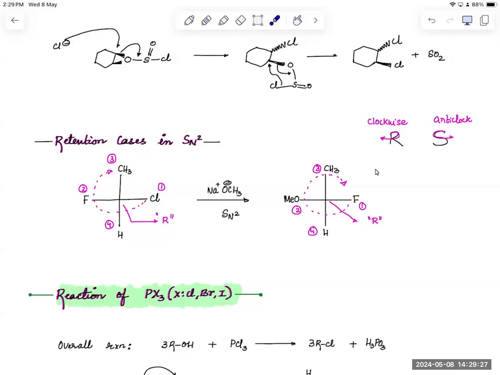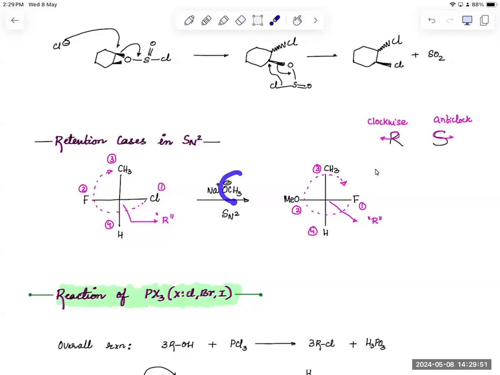But even after the backward attack, even after the reverse attack, it might happen that the configuration is not changed. For instance, if you have fluorine, chlorine, hydrogen, and CH3 present, you will notice that 1, 2, 3, this is how the rotation is happening, which means this is R configuration.